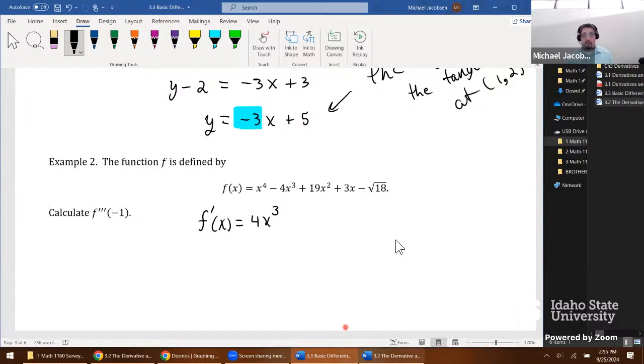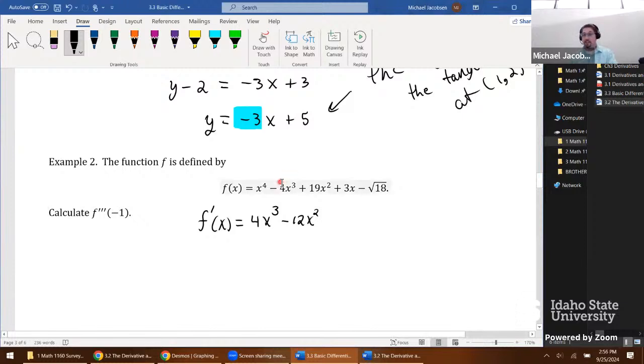Jamie says 12x squared. Absolutely. With a negative sign, we'd get negative 12x squared, but you've got the exact value there. So altogether, negative 12x squared. Good call.